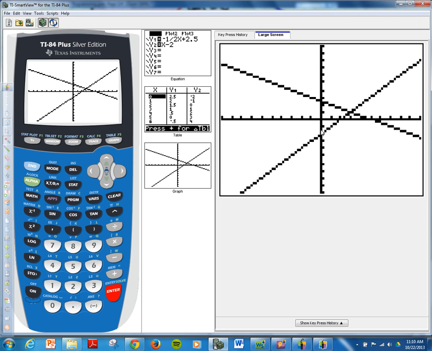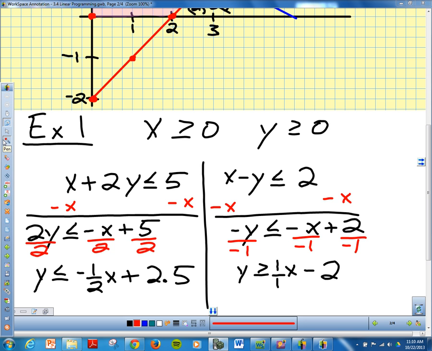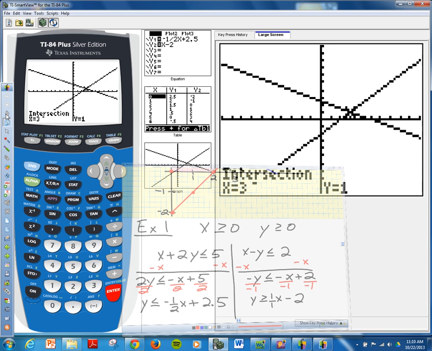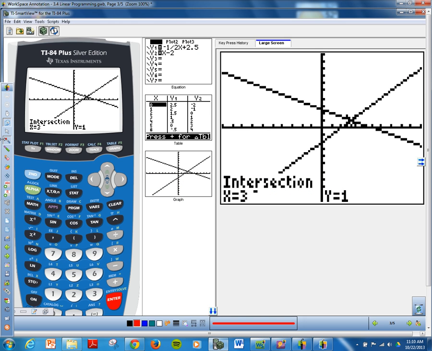Now let's say we want to figure out this intersection. So we're going to talk about this intersection first. What does y equal right here? 0, right?